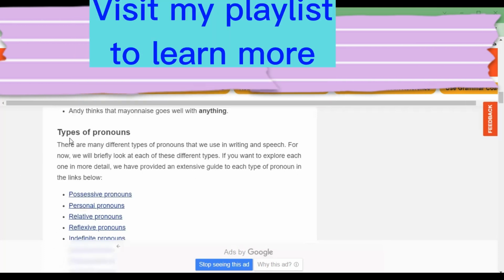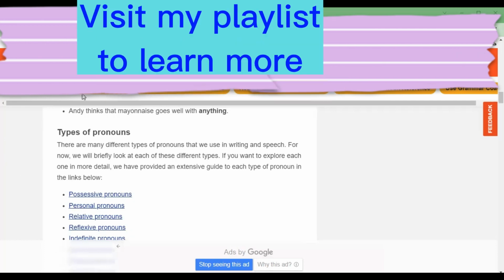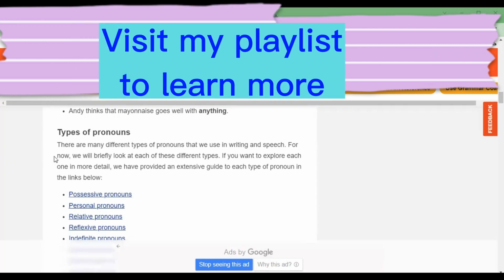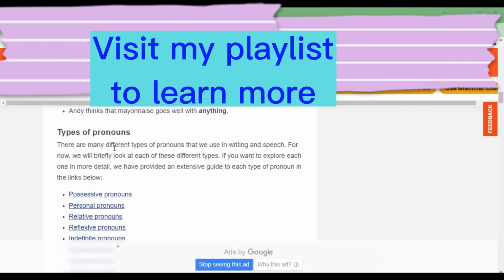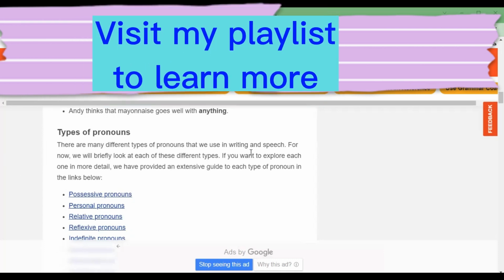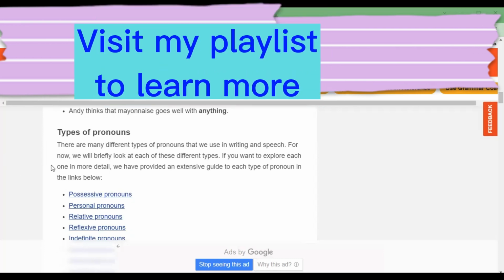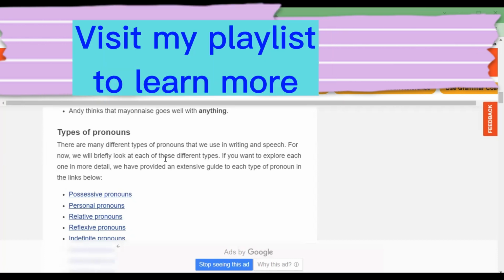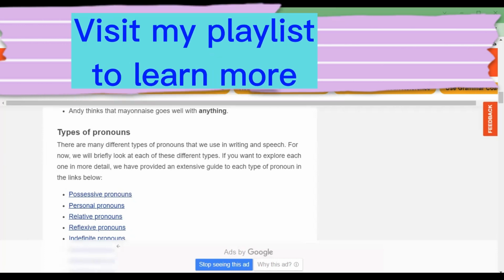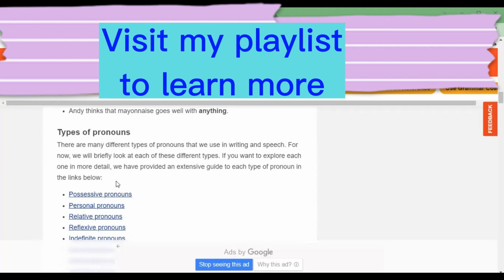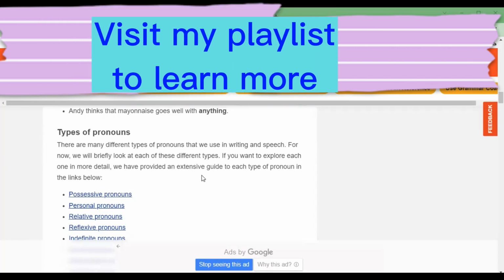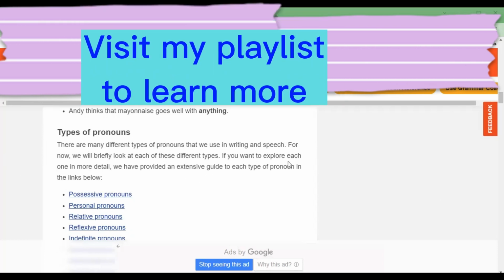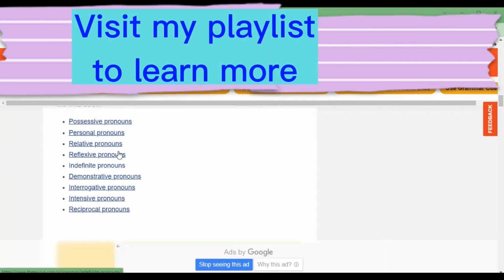Here we have the types of pronouns. There are many different types of pronouns that we use in writing and speech. For now, we will briefly look at each of these different types. If you want to explore each one in more detail, we have provided an extensive guide for each type of pronoun in the links below.